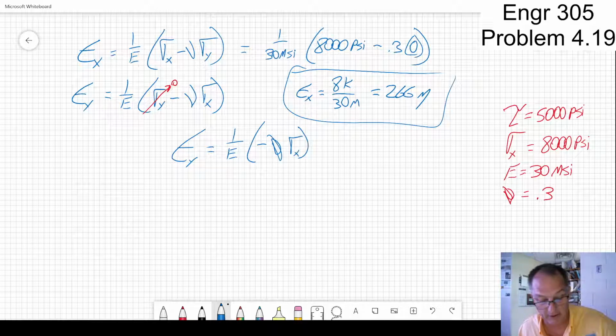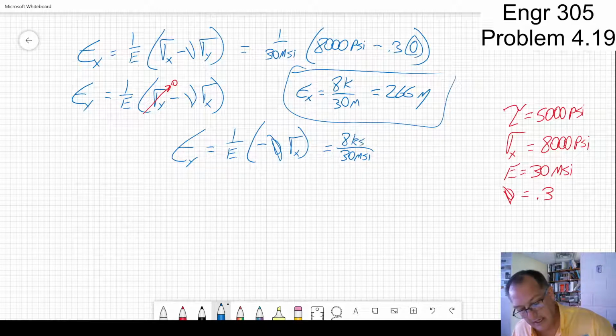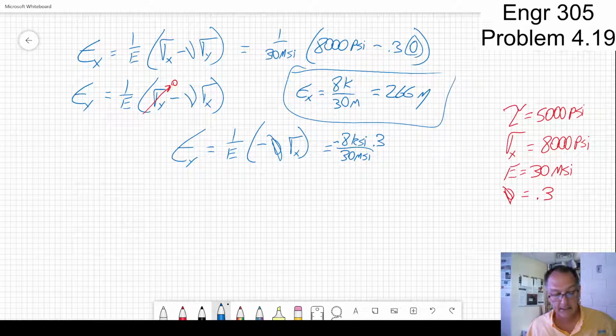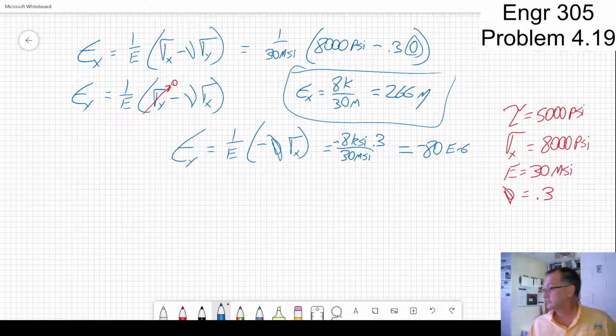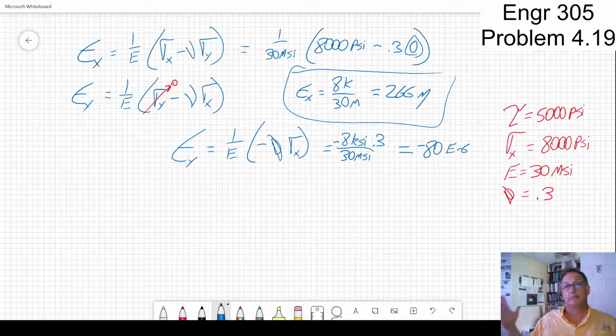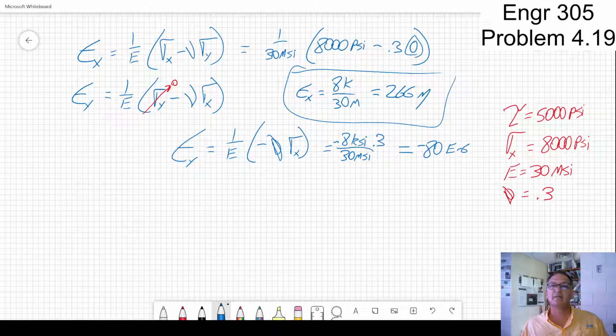I throw an extra 0.3 in there, with 30 Msi on the bottom, and an 8 ksi and a 0.3, and I put the negative in there. If I calculate all that out, I get negative 80 micro inch per inch. Does that make sense? 266 times 0.3. Yeah, that's pretty good. I can buy that.